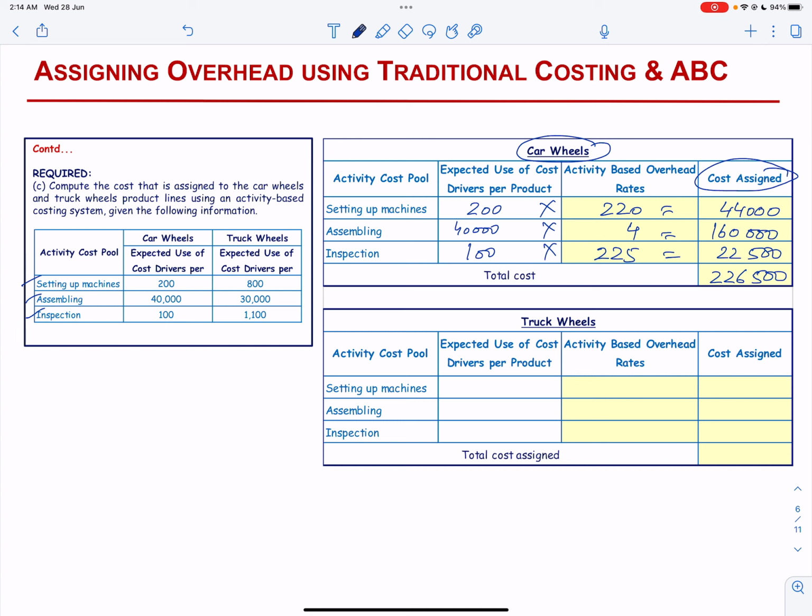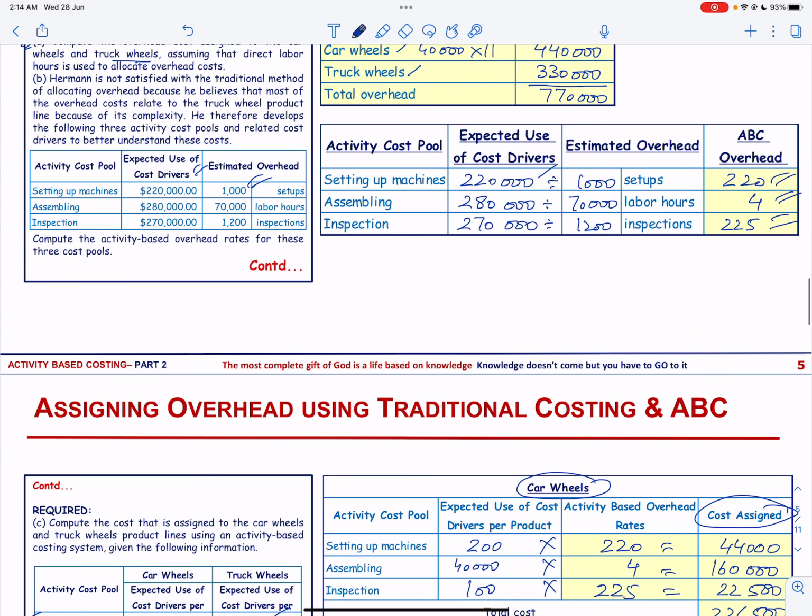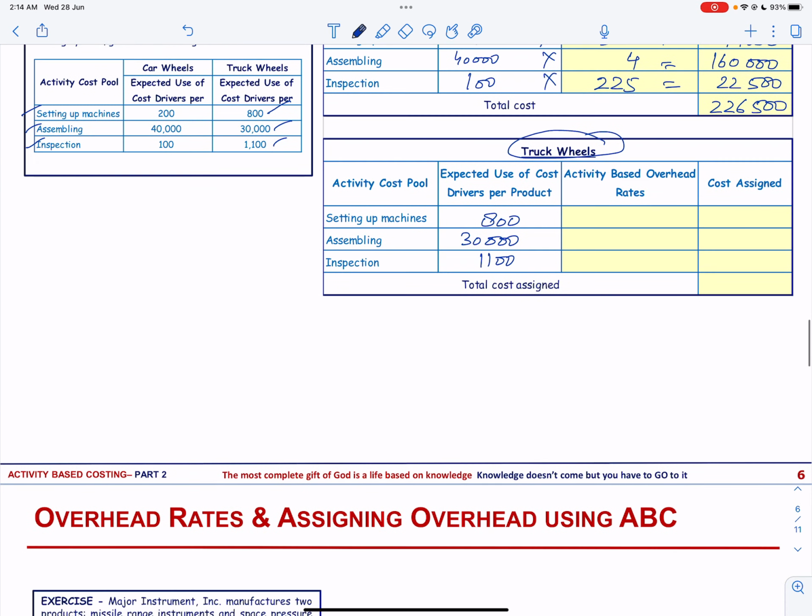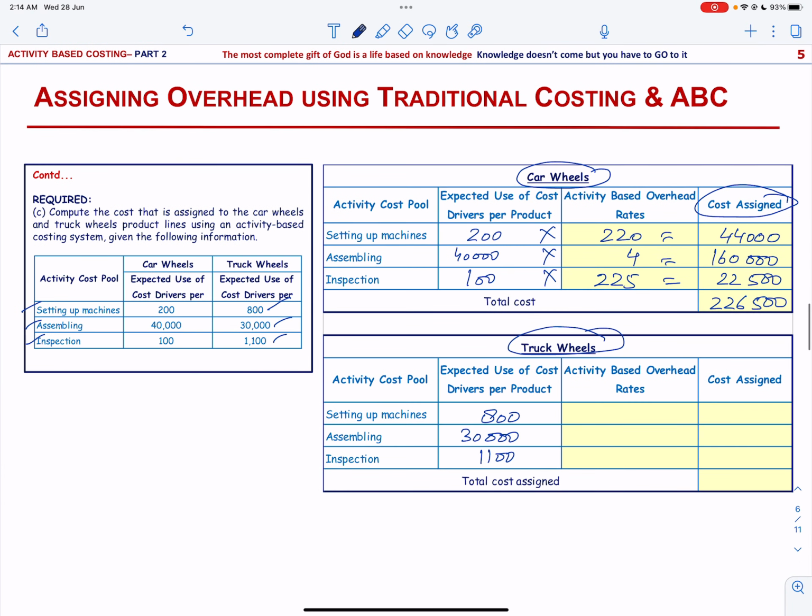Regarding the truck wheels, we are going to have the expected use of cost drivers as 800, 30,000, and 1,100. And the rates are the same as we have done before: 220, 4, and 225.